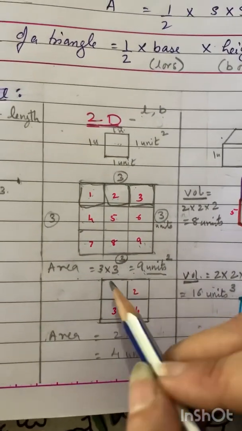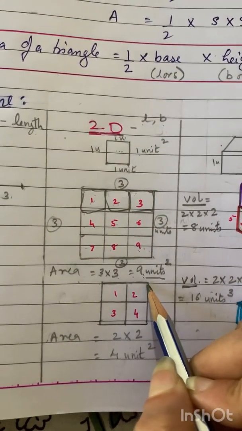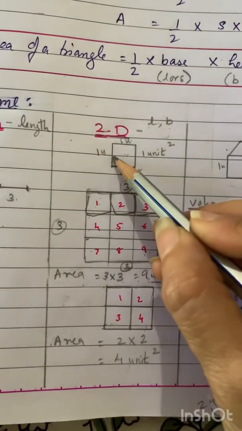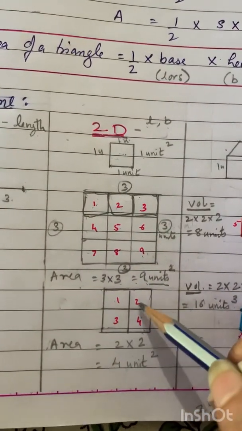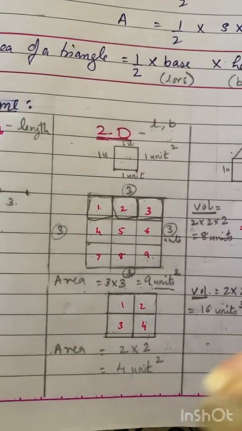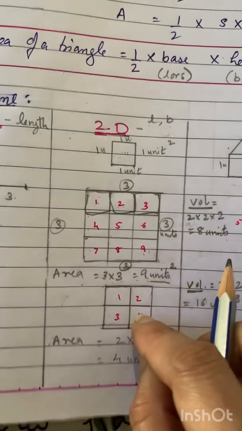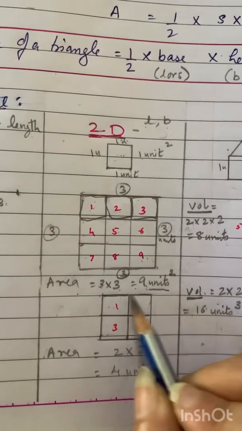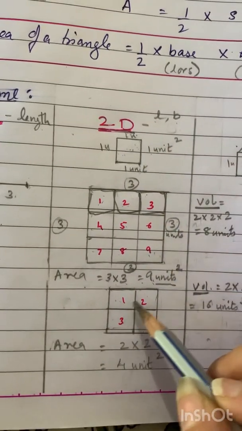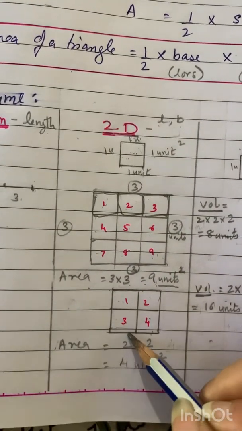One more example. Suppose this is a square. I have to find out how many of these small units will fit in this big square. If I take this unit and fit it in this square, I will say that 4 small squares will fit in this big square.